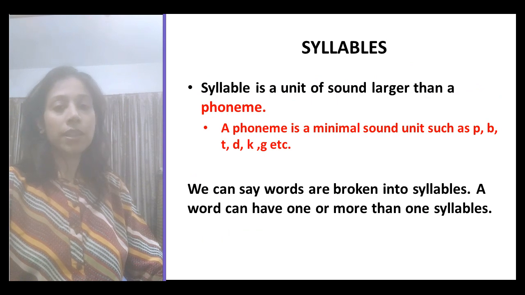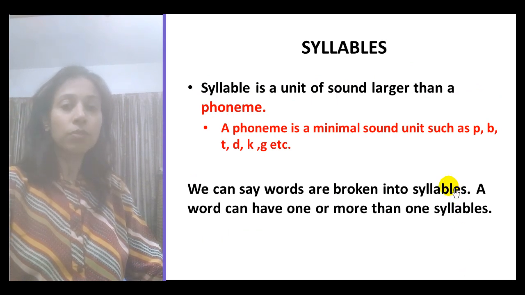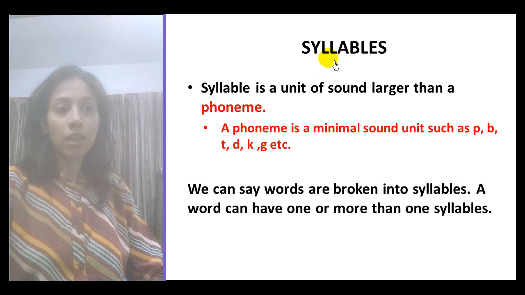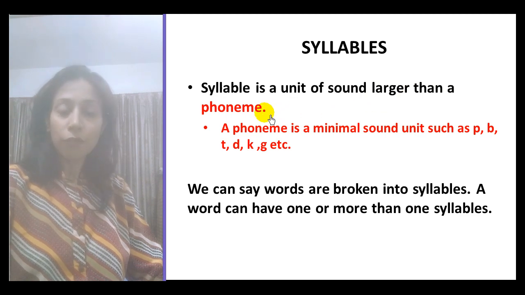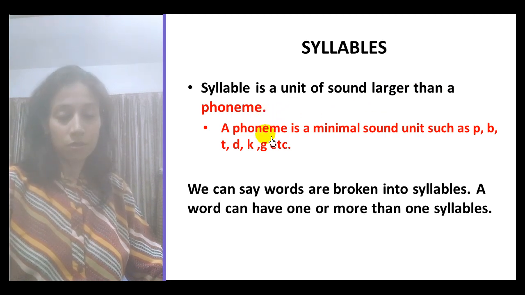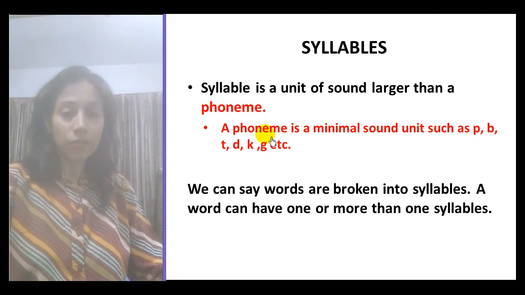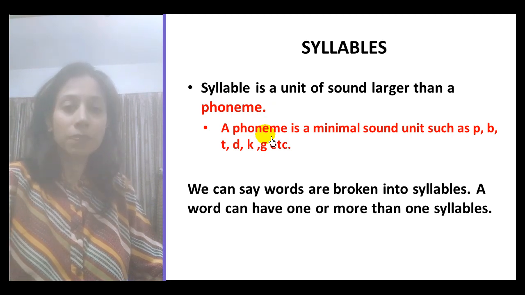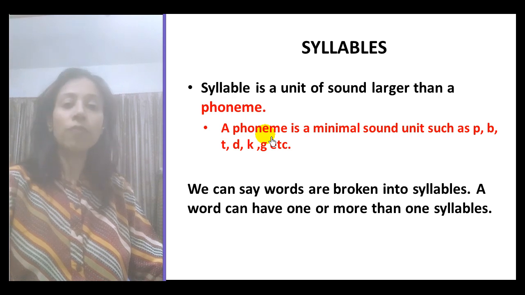Now first let us look at the concept of syllables. Now, a syllable is a unit of sound larger than a phoneme. Phoneme is also something that we don't know as of now. So what is a phoneme? First let us understand what a phoneme is.